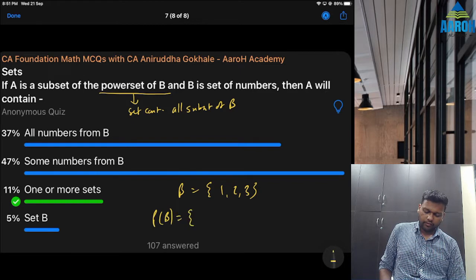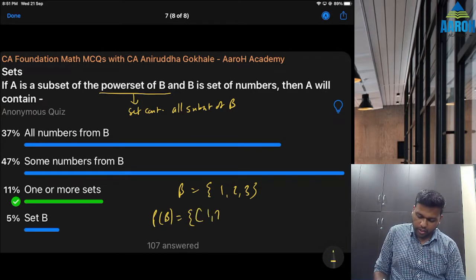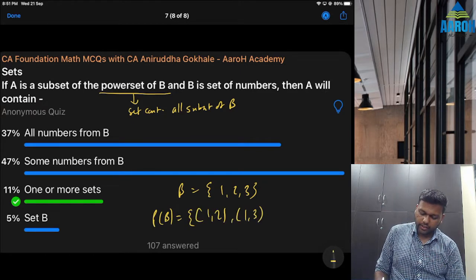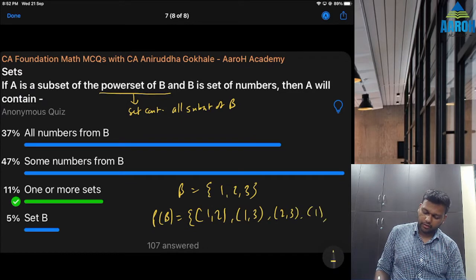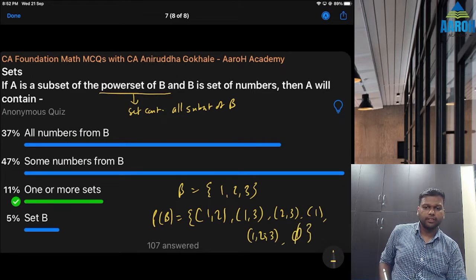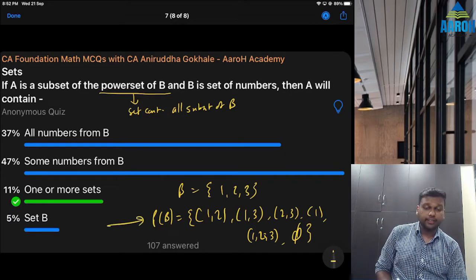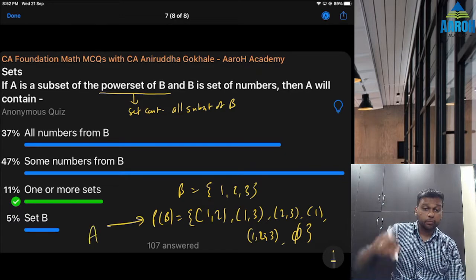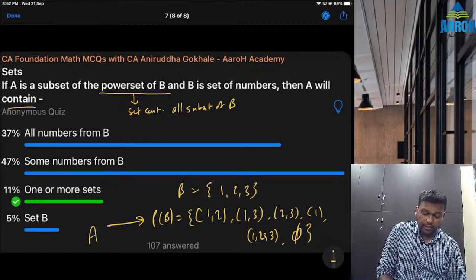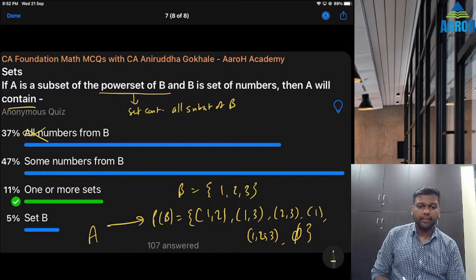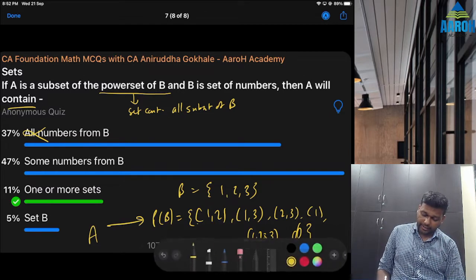Something like this: {1}, {2}, {1, 2}, {1, 3}, {2, 3}, {1, 2, 3}, maybe the empty set also, right? Something like this. So now A is a subset of this power set. Then A will contain what? All numbers from B. That is wrong, because A will not contain numbers. A will contain these sets.